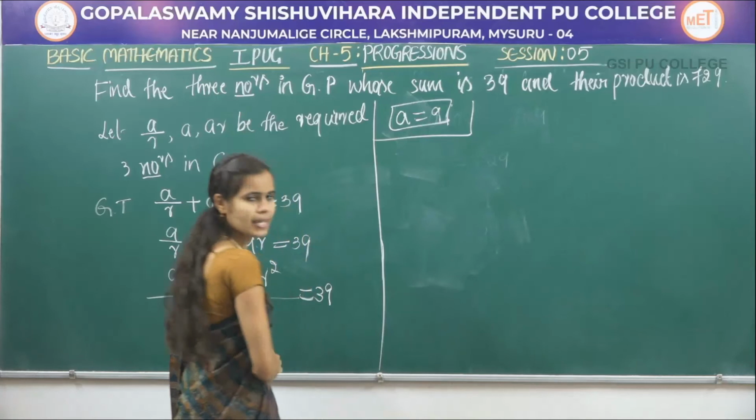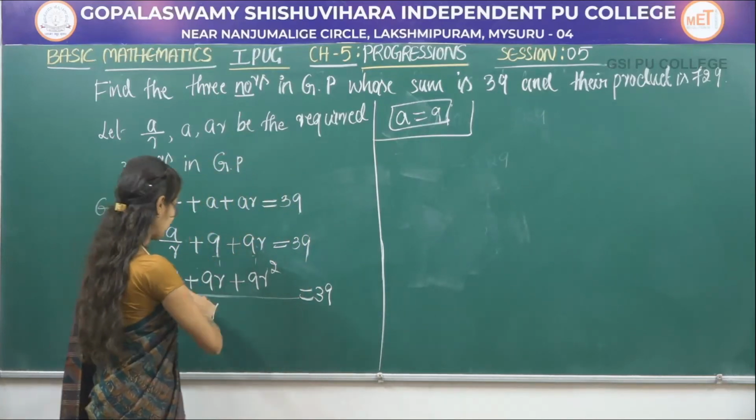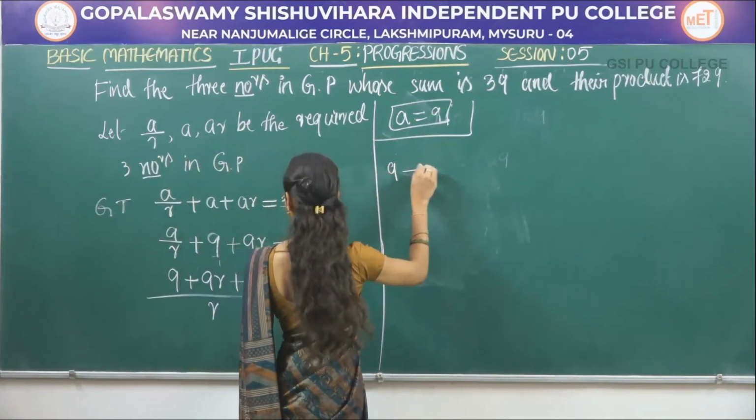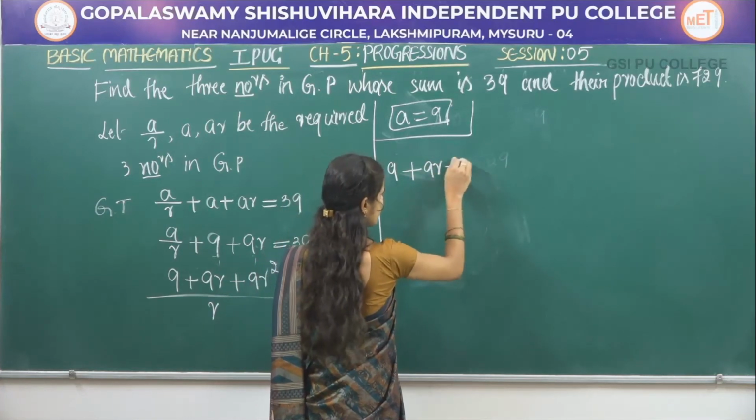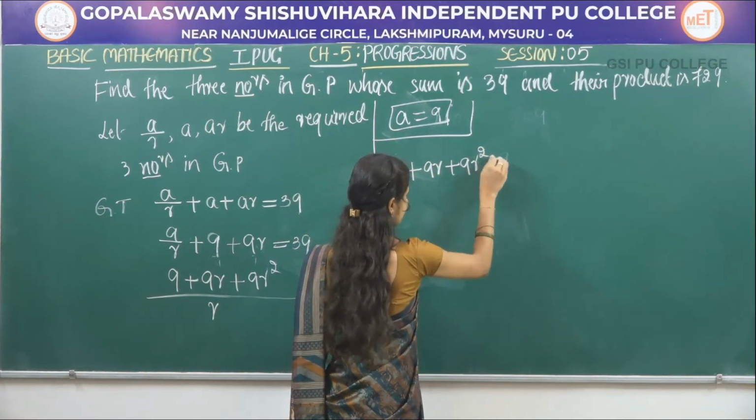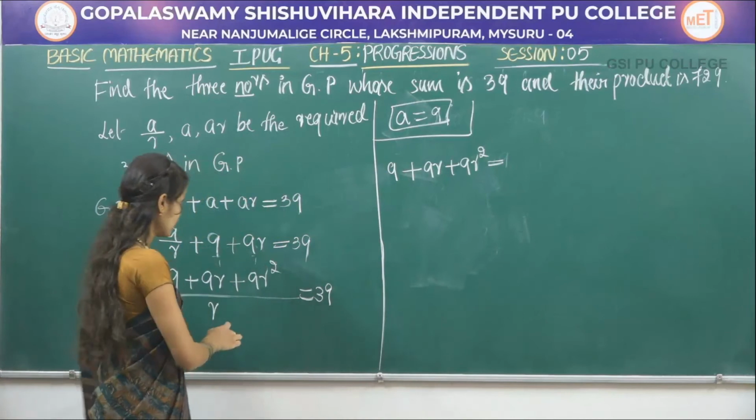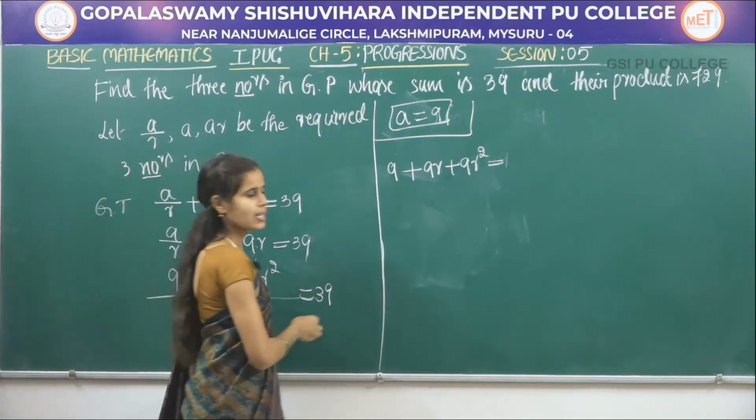Next simplify: cross multiply, so 9 plus 9r plus 9r square is equal to 39r.